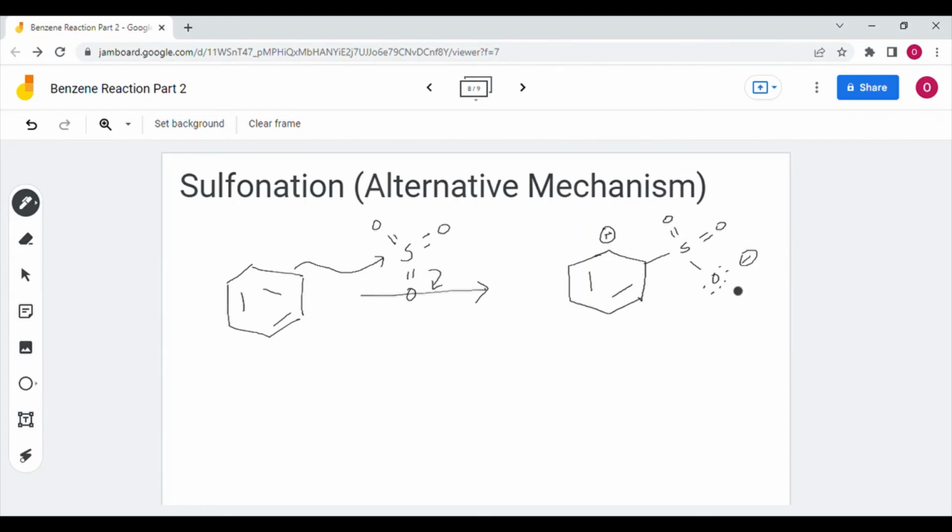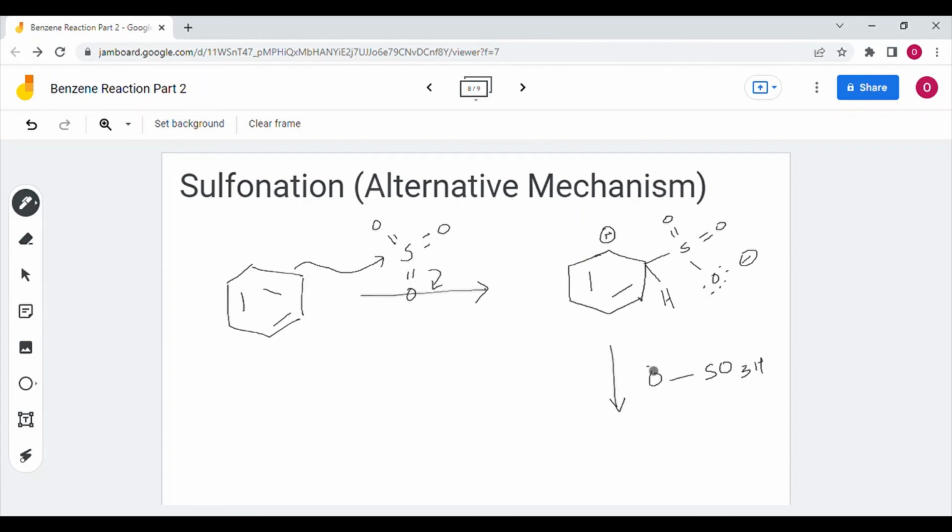So as you can see here, we now have a negatively charged oxygen as well as this plus charge on the benzene. So the next step, if we want to get rid of this plus charge, is that we're going to have to do some kind of elimination reaction. And as we know time and time again, we always use our base. So specifically, we can just directly use OSO3H, which came from H2SO4.